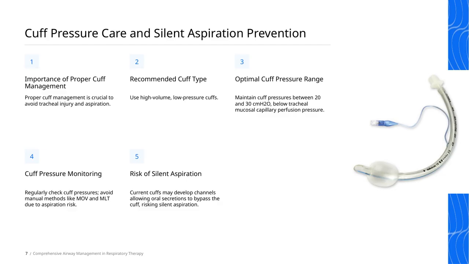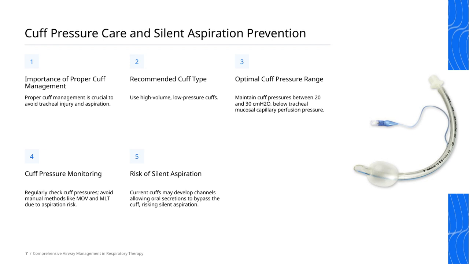The optimal cuff pressure range is typically between 20 and 30 centimeters of water. Keeping pressures within this range ensures that the cuff seals effectively without causing damage to the tracheal mucosa. It's important because pressures too high can cause injury, while pressures too low may not prevent secretions from leaking.